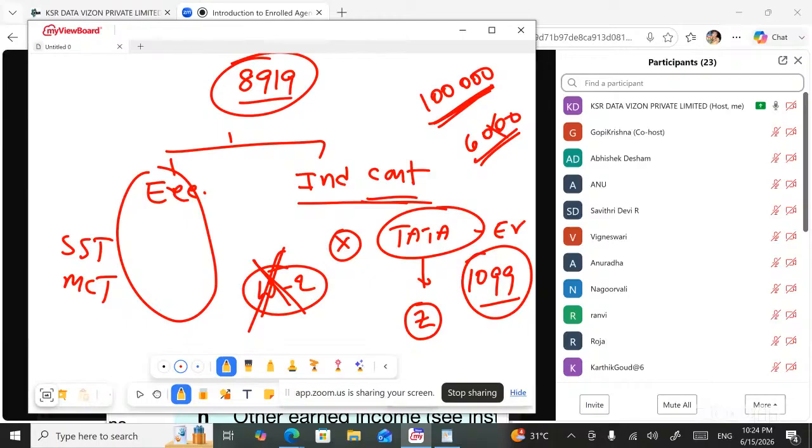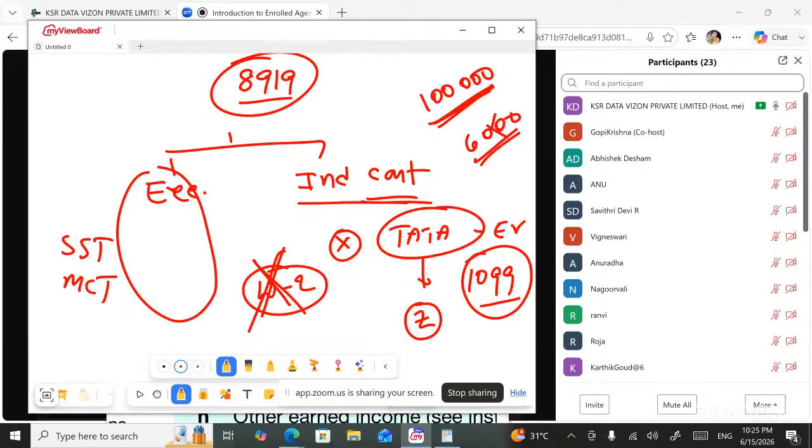So later, the IRS department issues one letter to the Tata company to collect 6,000 directly from the pocket of Tata. At the same time, another contribution will be paid by Z directly to the IRS department by using form number 8919.